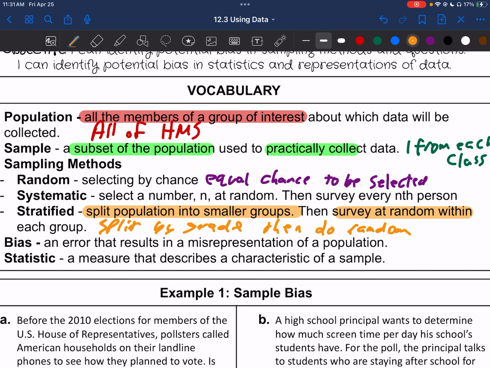In the larger political world, you're going to do stratified because when you're looking at a presidential election, for example, you're going to have data based on counties or by congressional districts because you're trying to target your advertising to specific regions.